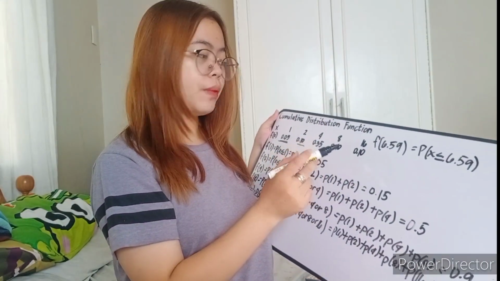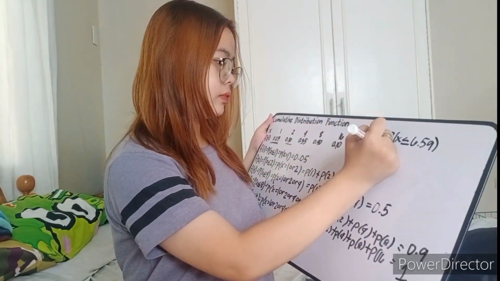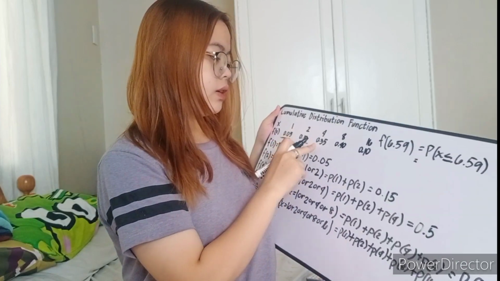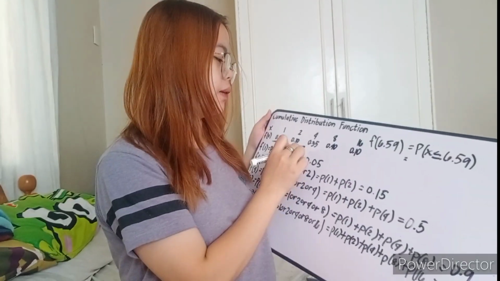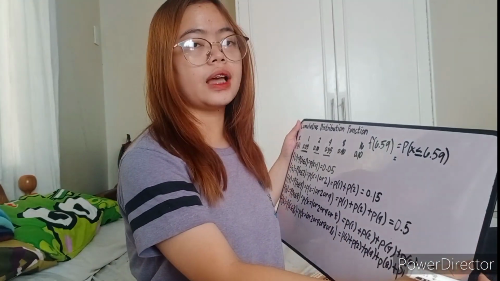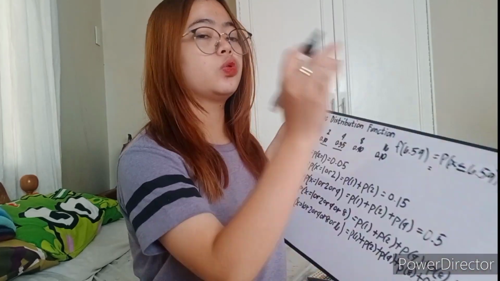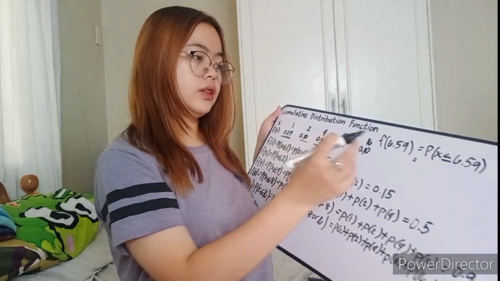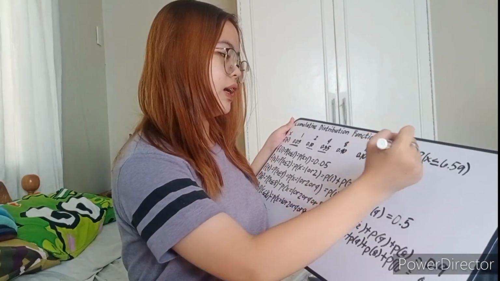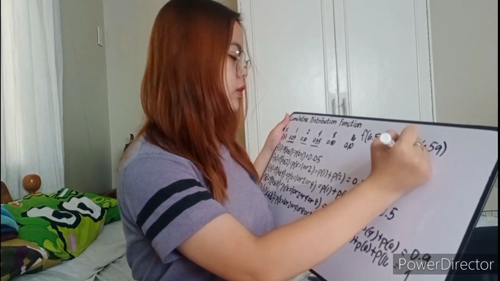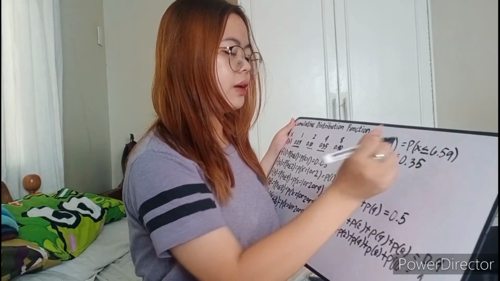Dito siya papasok sa 0.35. Kasi, ang kukunin natin is yung value nga na pinakamalapit siya to the left. So, eto yon. Ang giging probability niya is 0.35.